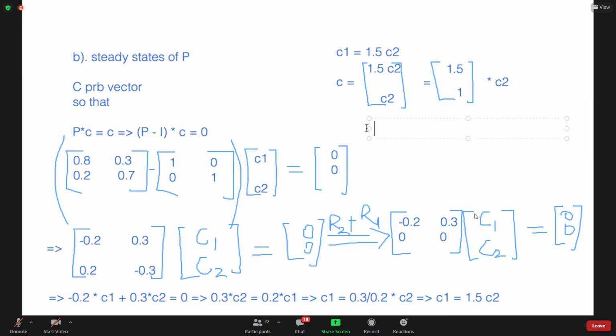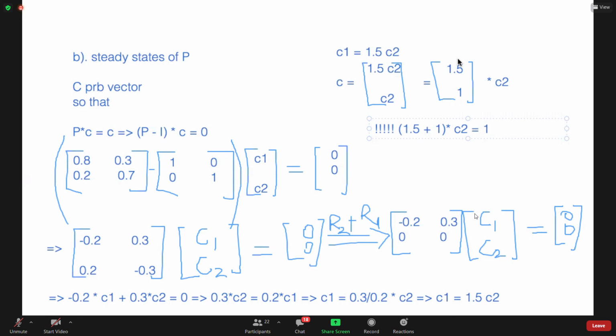But what property do I have to remember? That 1.5 plus 1 multiplied by C2 should yield 1 in the end. Why? Because C was a probability vector. And remember that I told you that the numbers inside a probability vector summed should yield a 1.